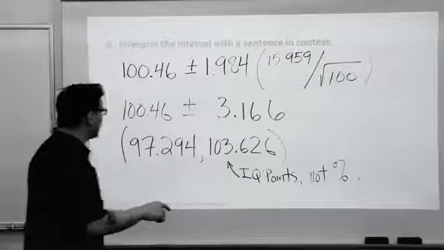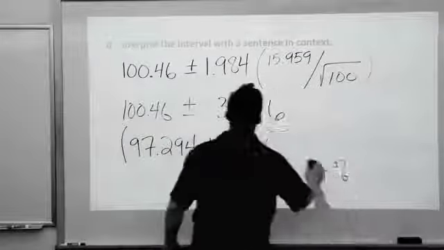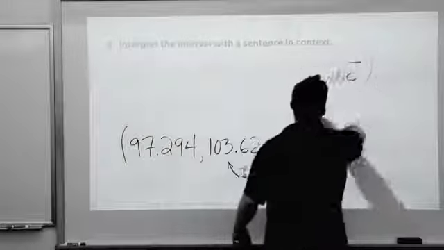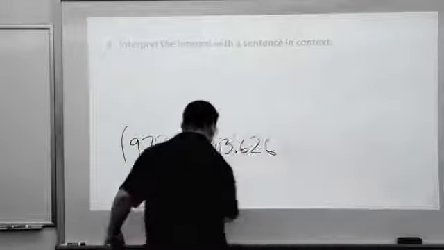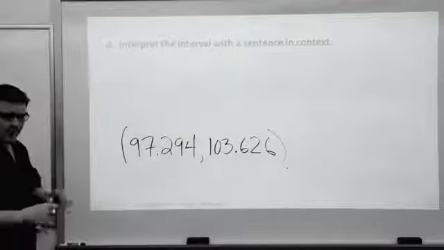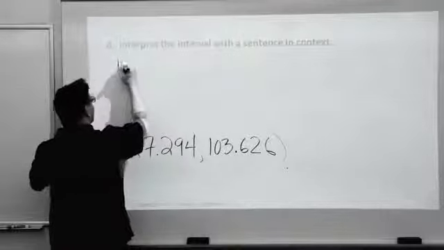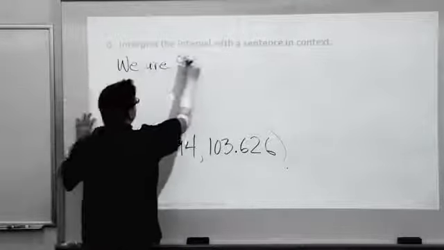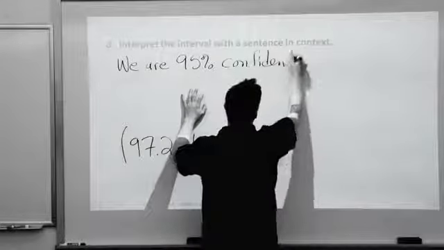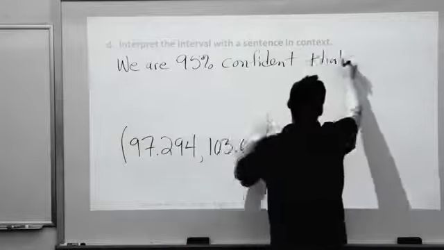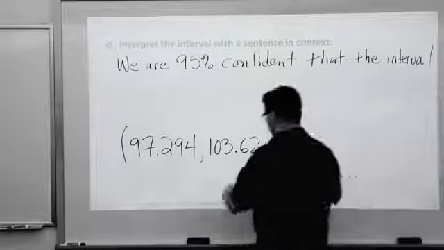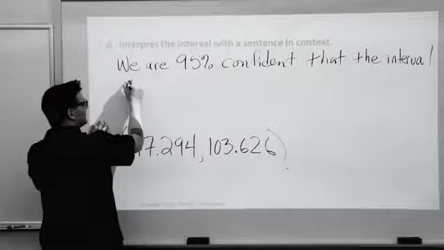Part D, on the back, interpret your interval with the sentence in context. Well, there's the interval, and it's IQ points again. So here's what we're going to say. We are 95% confident that the interval, this one here, right?